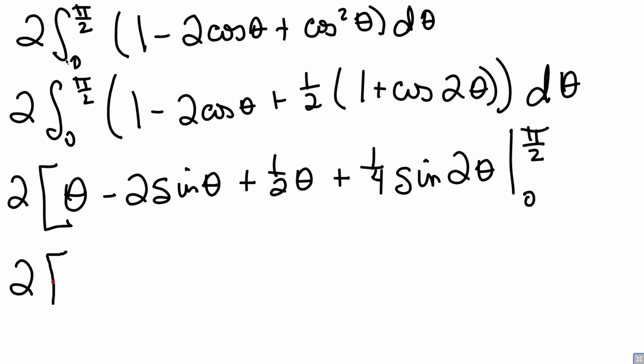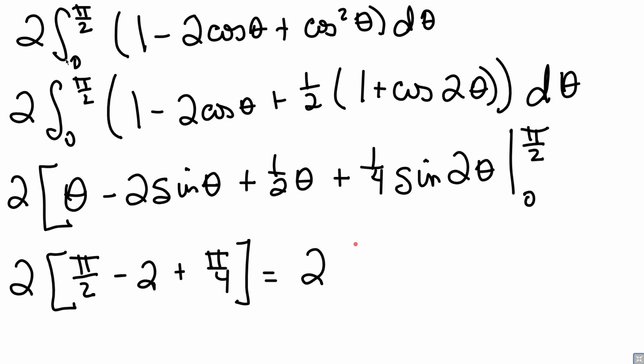So I'm going to have 2 times, at pi over 2, pi over 2 minus the sine of pi over 2, which is 1, times negative 2 is negative 2. 1/2 of pi over 2 is going to be pi over 4. And then the sine of 2 times theta, that's going to be the sine of pi, which is 0, so I don't have to worry about that.